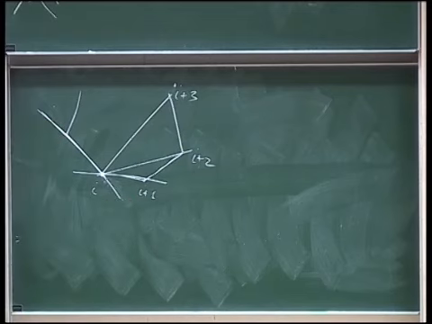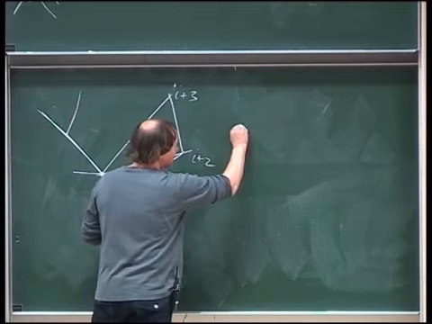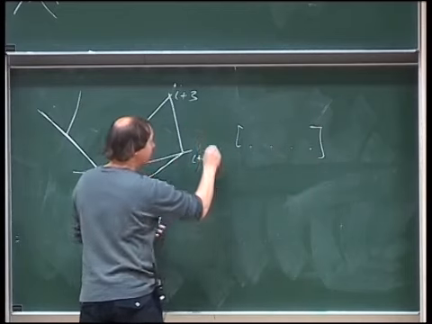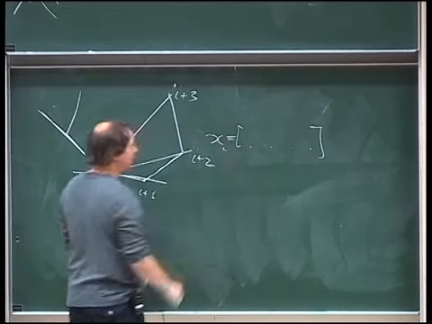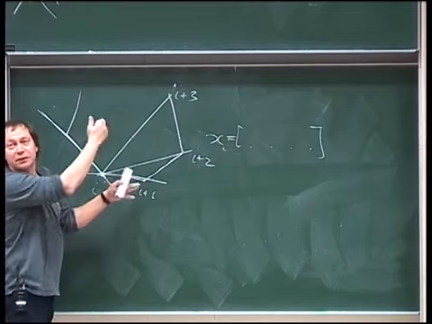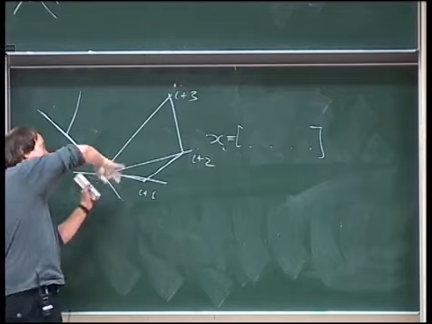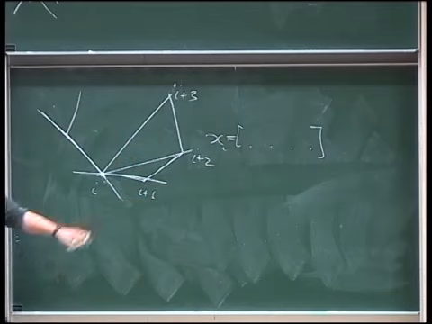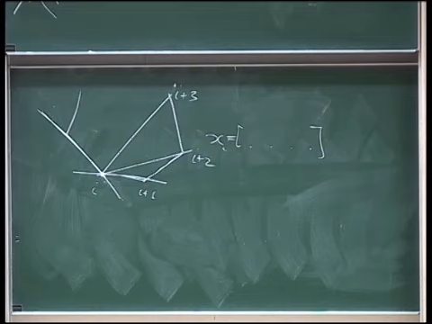Then he takes the cross ratio and calls it x_i. He calls it the left invariant, and we can do it in the opposite way to obtain y_i, and this gives a coordinate system.